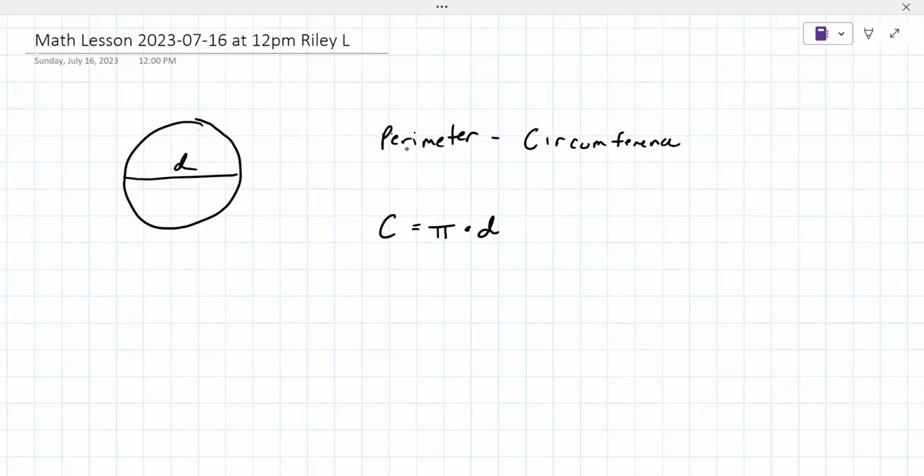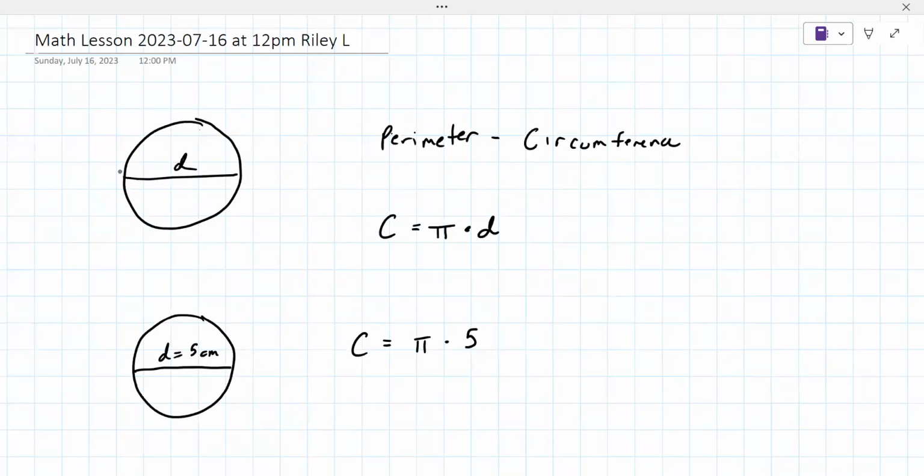In a simple example, let's say the diameter equals 5 centimeters. The circumference is pi times 5. In almost all classes and books, they're going to say to use 3.14 for pi.